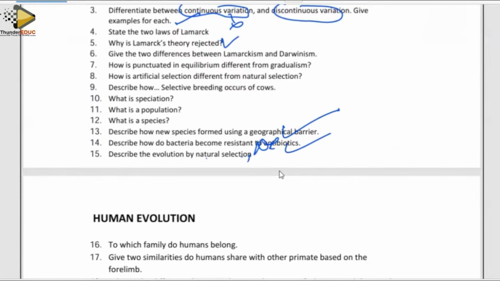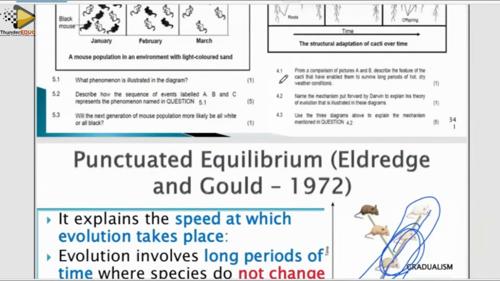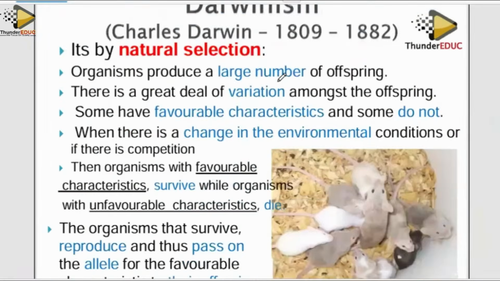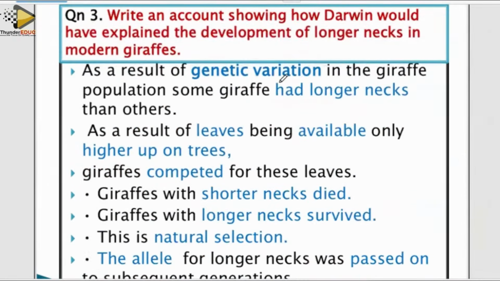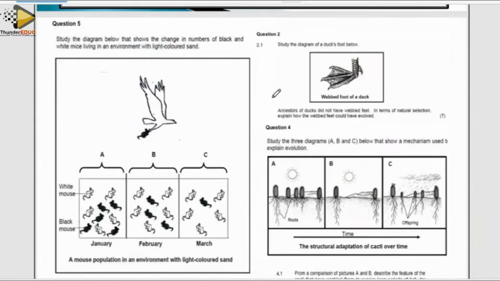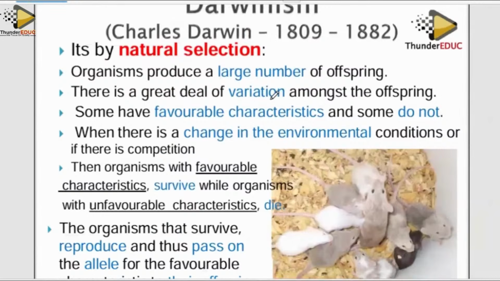So I'm going to talk about this, and then you go to human evolution. When it comes to evolution by natural selection, you talk about how organisms produce a large number of offspring, and how Lamarck's theory and Darwin's theory relate to this. Organisms produce a large number of offspring. There is a great deal of variation, like in giraffes, those with long necks and those with short necks.